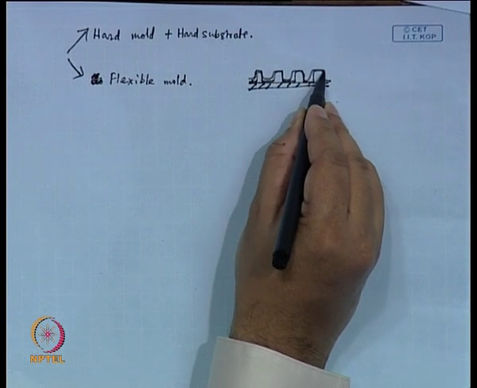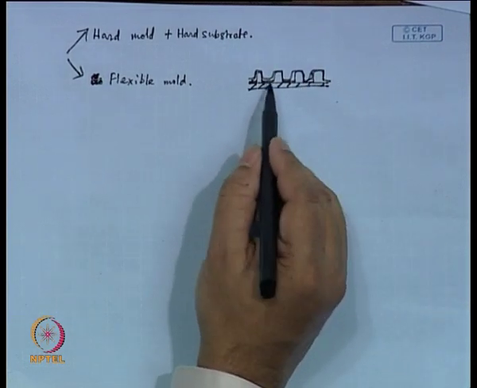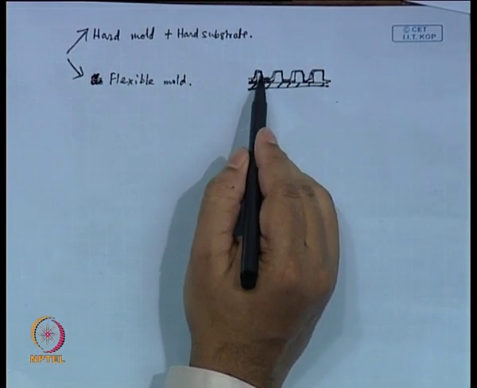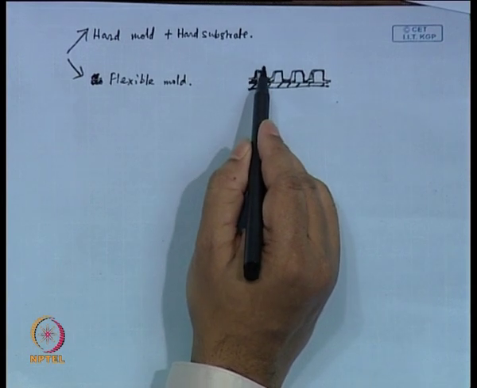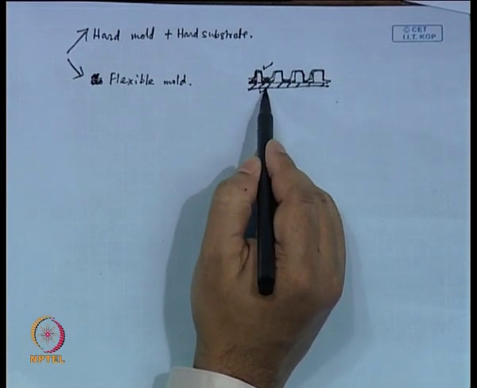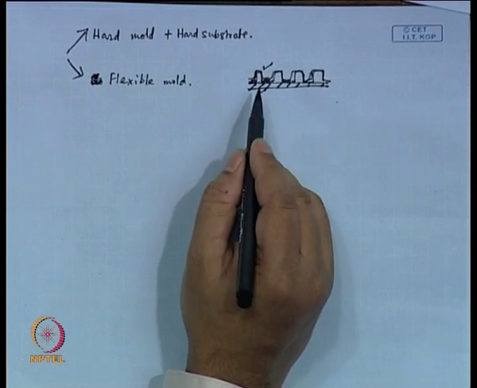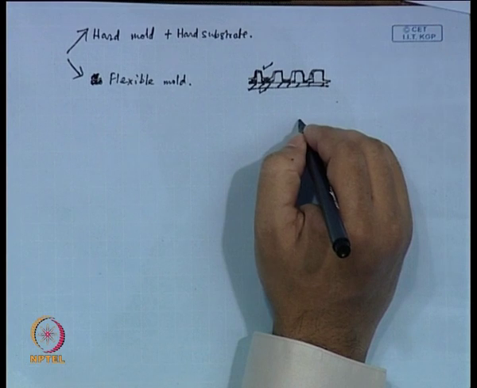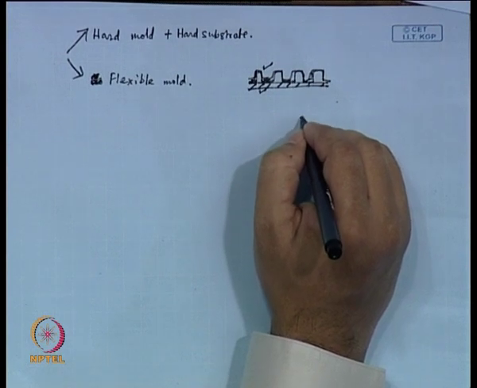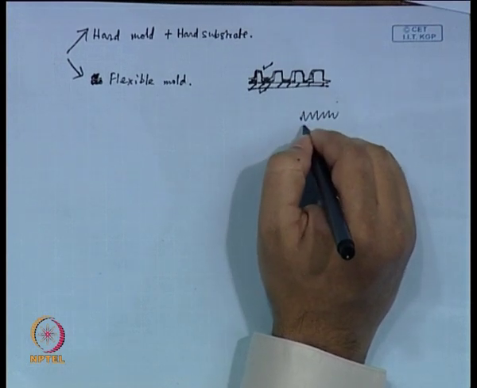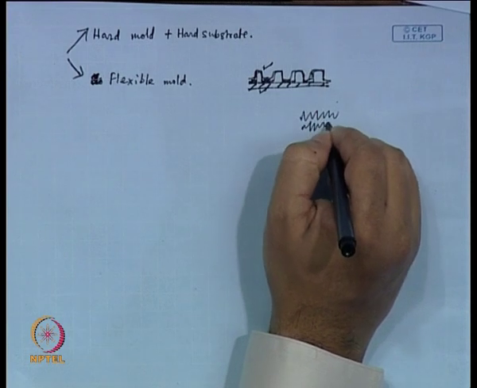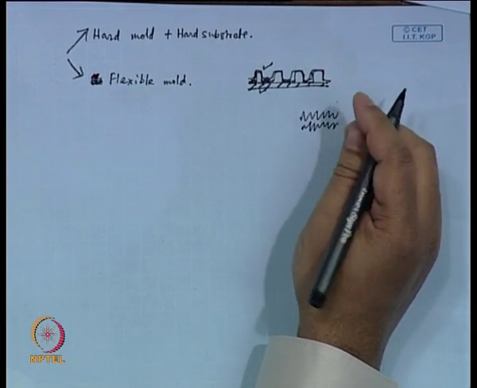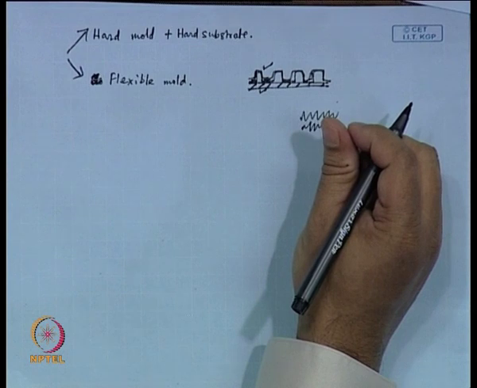Now, you have to make sure that the contact between this mold and this substrate is good. Everything has a roughness, right? This one has a roughness, the upper one has a roughness, the bottom one has a roughness.